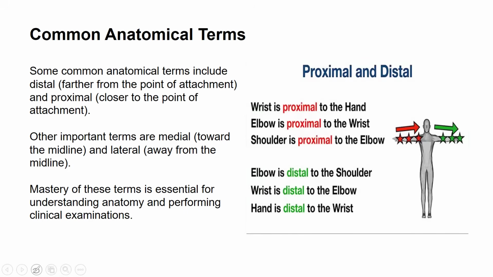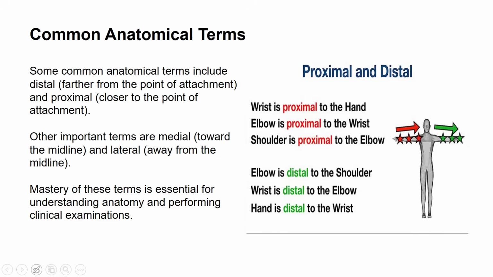So what are the common anatomical terms? Some common anatomical terms include distal, which means farther from the point of attachment. If you have a point of attachment and you call a location distal, it means that location is far from the point of attachment.